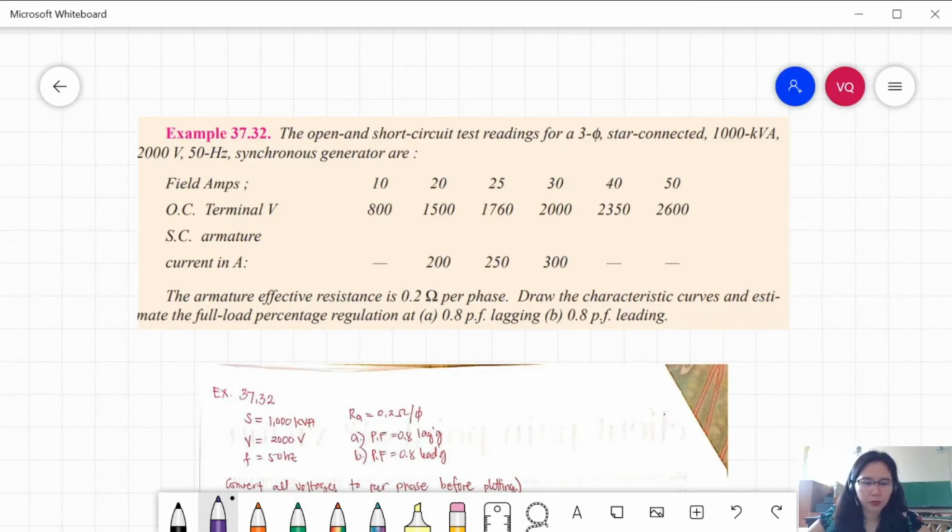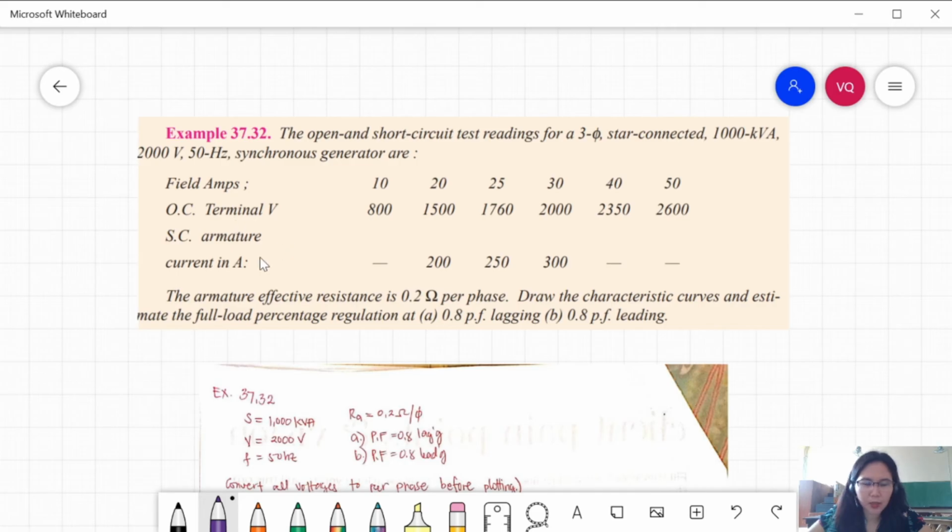Our last example will be the open and short circuit test readings for a three-phase star connected 1000 kVA 2000 volts 50 Hz synchronous generator. Our field currents are 10, 20, 25, 30, 40, and 50. The open circuit terminal voltages are 800, 1500, 1760, 2000, 2350, and 2600.